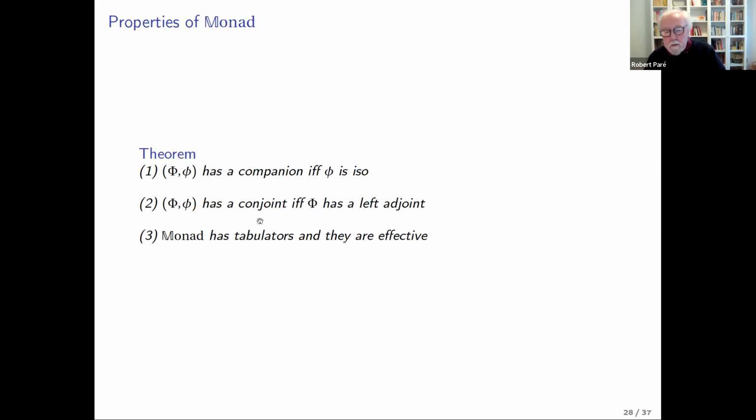It has a conjoint if and only if phi has a left adjoint. So if you have a lax guy which has a left adjoint, then the left adjoint is automatically oplax, and it's a conjoint. And maybe surprisingly, this double category has tabulators and they're effective.